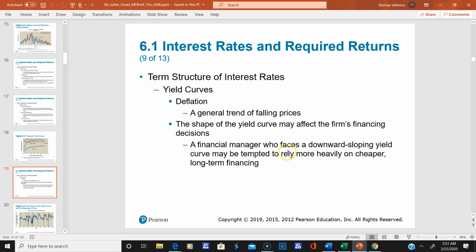If you have a downward sloping yield curve, people may take advantage of cheaper long-term financing. That's what an inverted yield curve is: things are cheaper long-term than they are short-term.